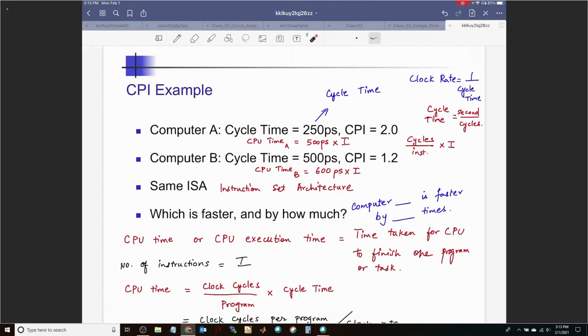Well, computer A is taking less CPU time, so computer A should be faster.